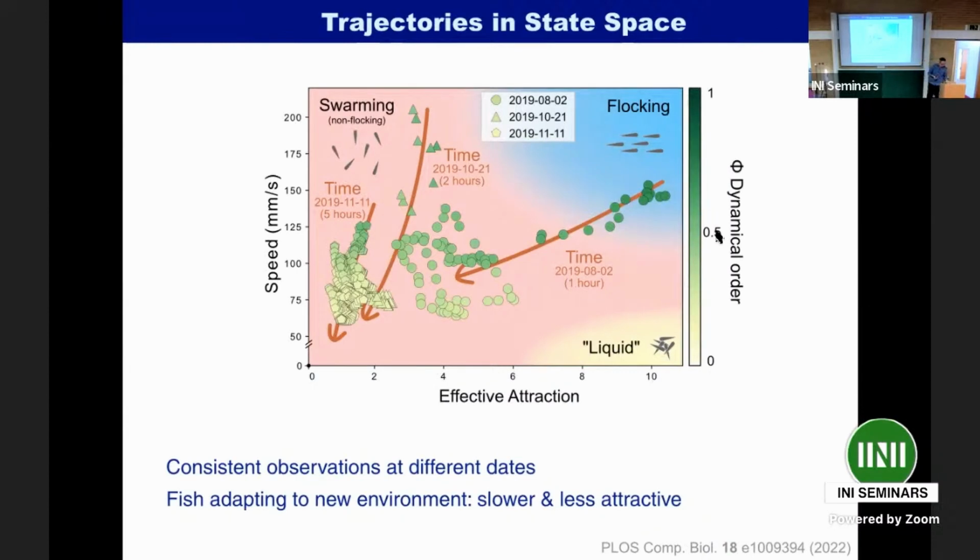This axis is the time of the experiments, the duration of the experiments, and they tended to move down into this part of the phase diagram, where they're going relatively slowly, not too much of a fish liquid, but they start over here, moving quickly together, and then become more disordered in time.